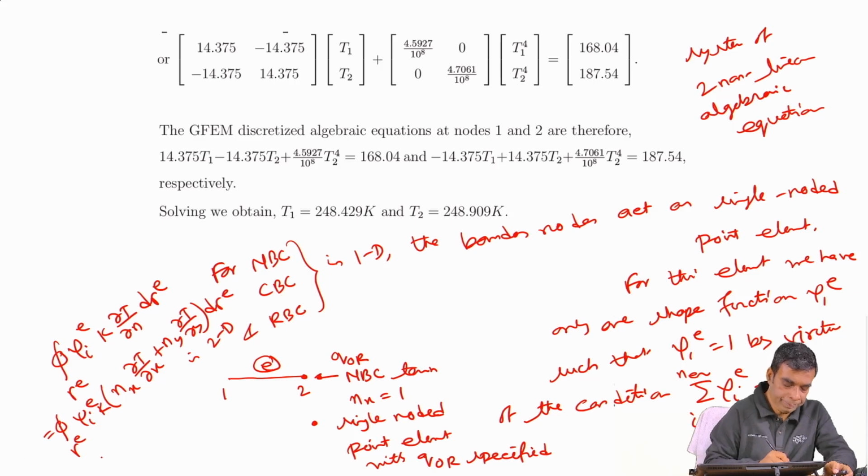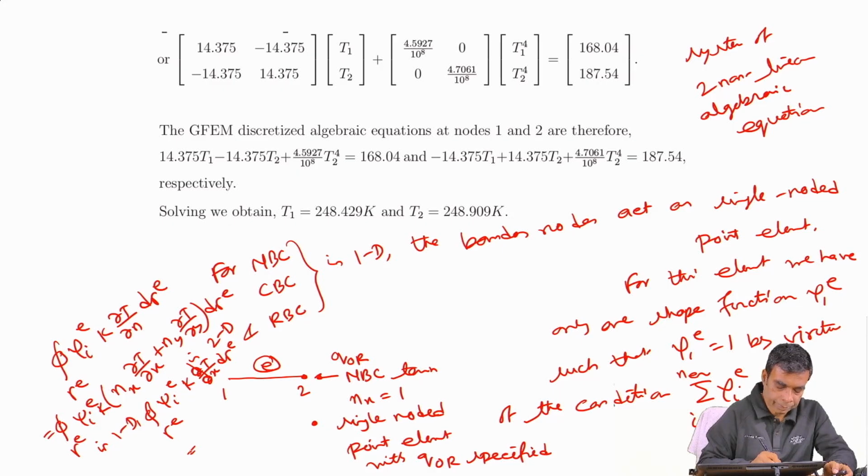In 1D, this becomes the integral over gamma e of psi I e k dT dx d gamma e.